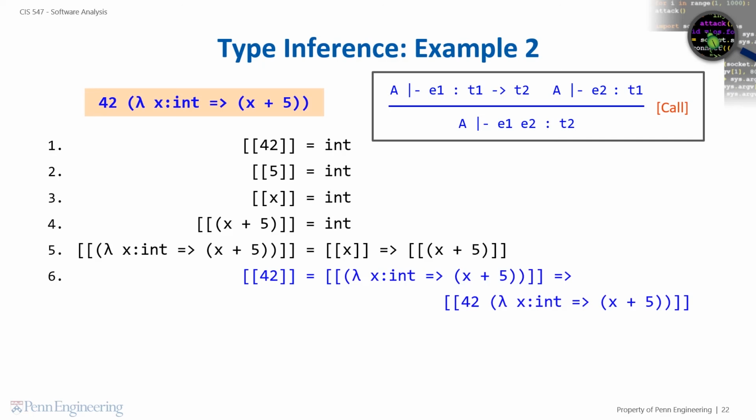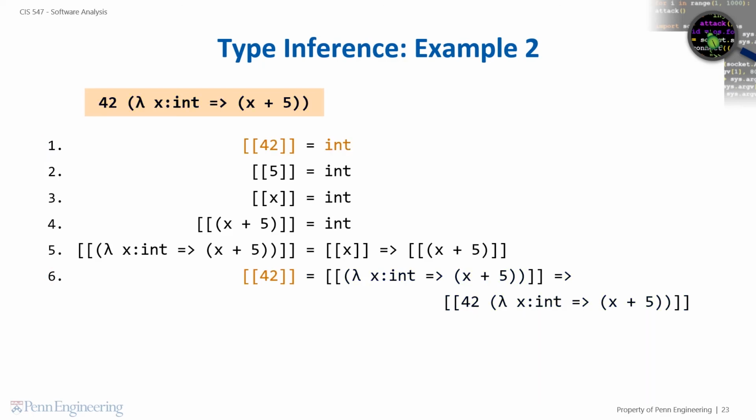Clearly, we can see that this cannot possibly be the case, since the type of 42 cannot simultaneously be an integer as dictated by constraint 1 and a function as dictated by constraint 6. Nevertheless, let's continue with the unification algorithm to see where this contradiction arises.